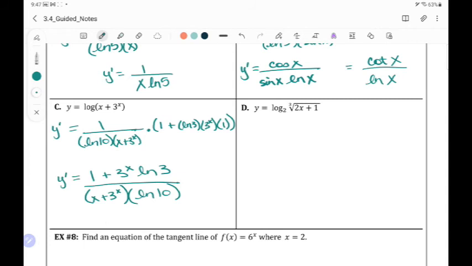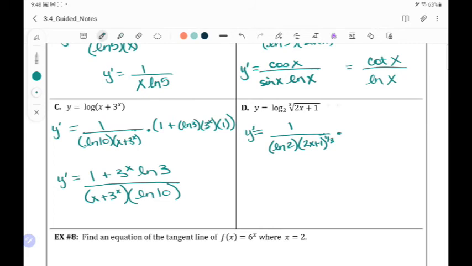Now this last one, we're going to do the same thing again. Y prime equals 1 over, it's a log base 2, so natural log of 2, times that function right there, 2x plus 1 to the 1/3. I don't need to make it a negative because it's in the denominator still. Times the derivative of 2x plus 1 to the 1/3.